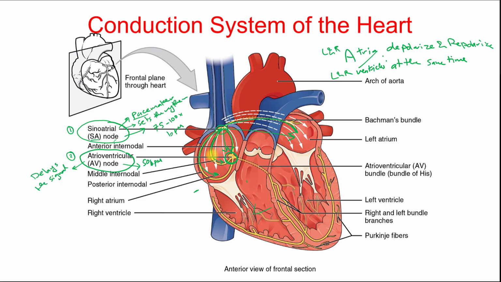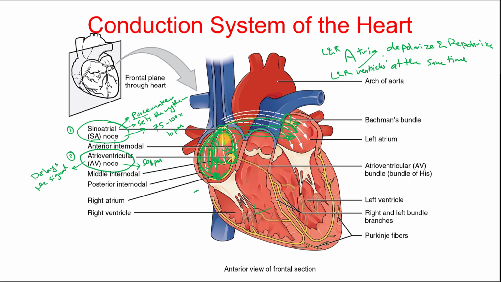When the SA node sends the signal to the muscles of the right atrium, it's close, right? The fibers here are very short, versus here, where they are still short because the heart is small, but not as short as this one. So the signal will arrive at the bottom of the atria before the signal arrives at the start of the left atrium.